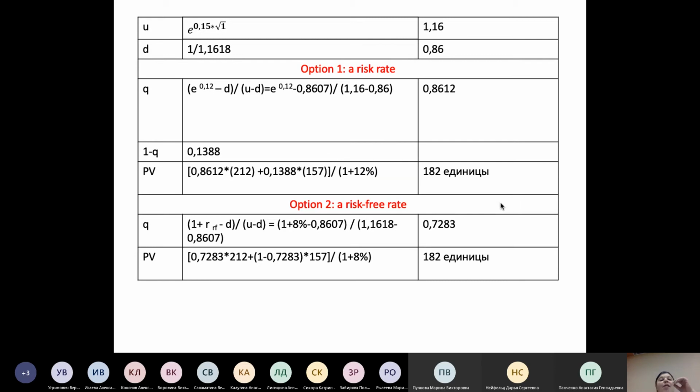As for the probability of growth, you can use the following statement. It will be 1 plus the risk rate, 1 plus 8%, minus our down movement coefficient, 0.86, and divided by the up movement coefficient minus the down movement coefficient, 1.16 minus 0.86.